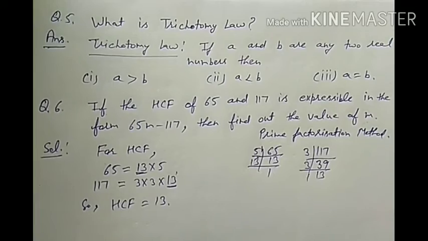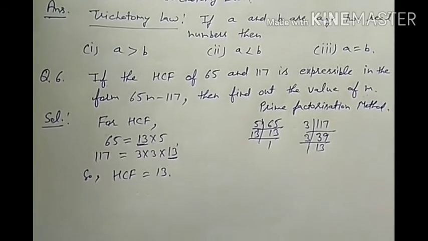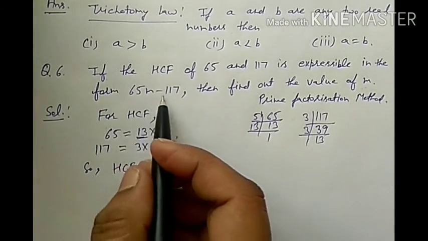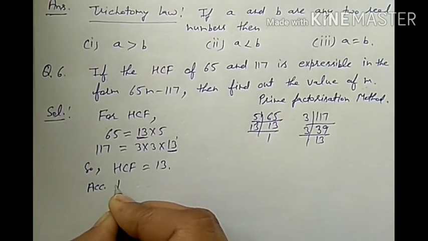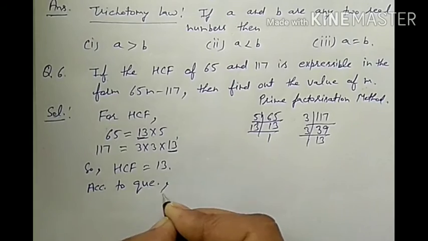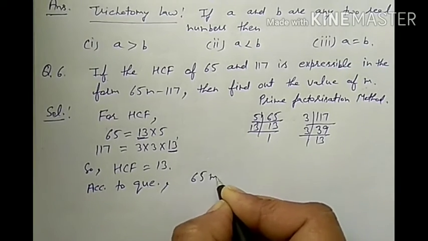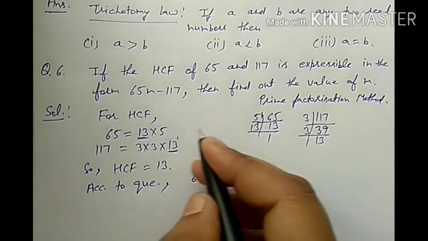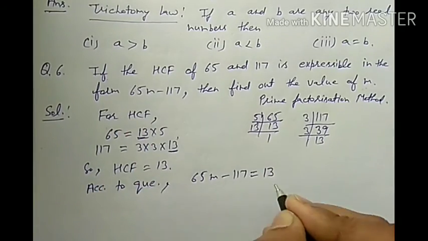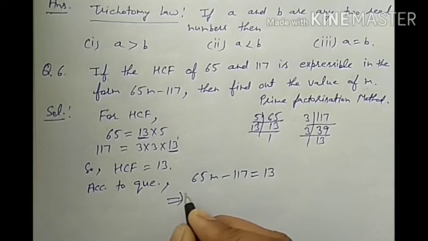As per our question's condition, the HCF can be written in the form of 65m minus 117. So according to the question, 65m minus 117 is equal to the HCF, that is equal to 13. We have to find out the value of m.